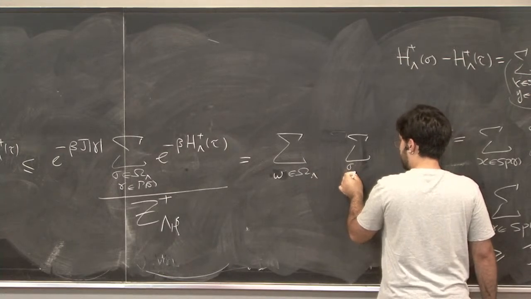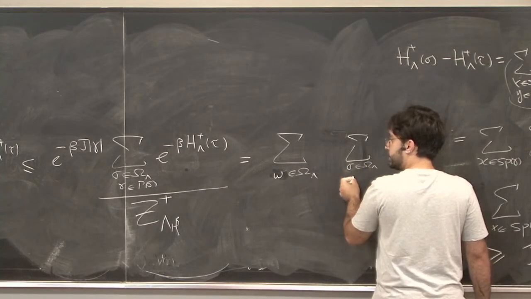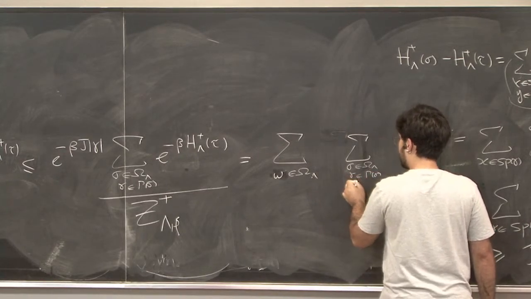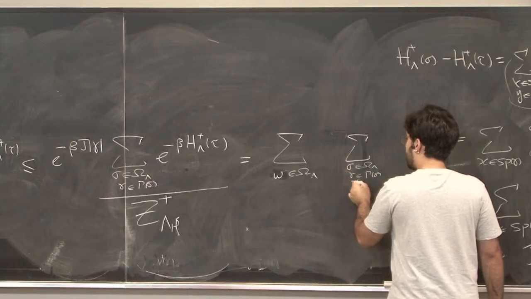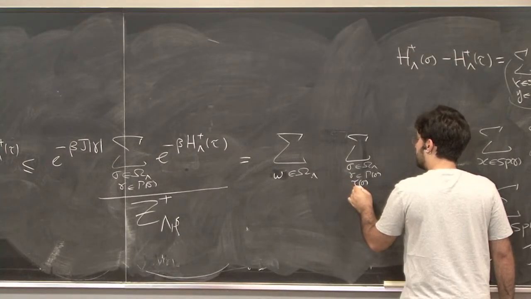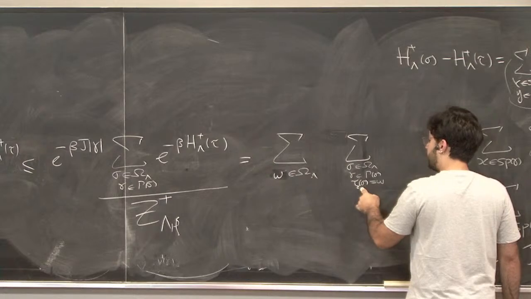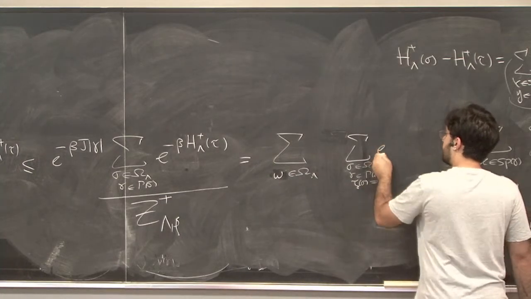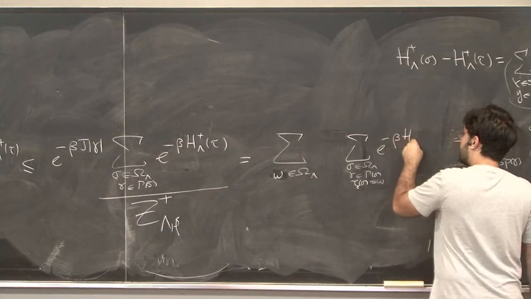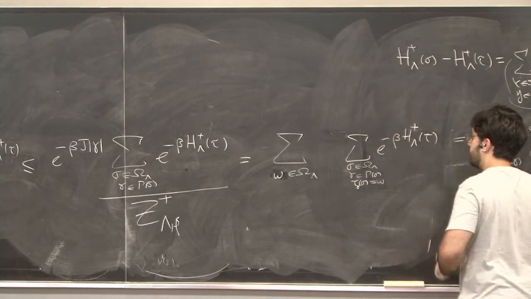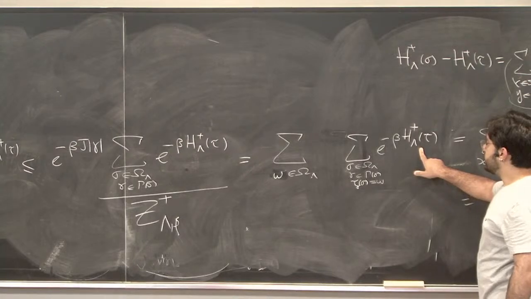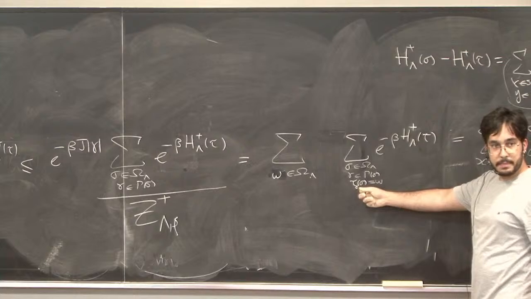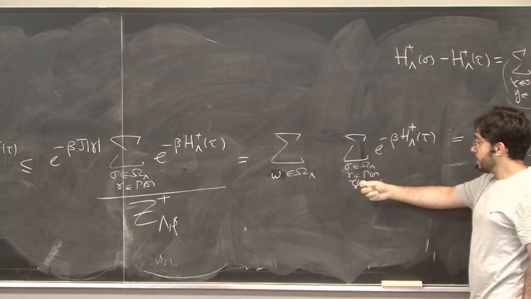Okay, and then I sum over all the configurations sigma such that gamma is inside gamma sigma, and the tau transformation of sigma gives me exactly omega, and then exponential of minus beta H plus of omega. But this quantity right here is constant because the map tau is applied to it.